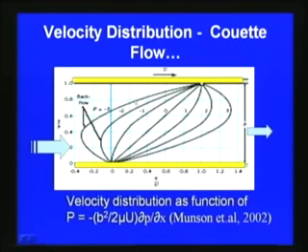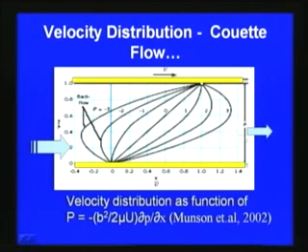When p is equal to 0, the profile is linear, when p is equal to 1 it goes like this, and when p is equal to 2 it goes in this direction. Like that, for various values of this parameter, we can plot the velocity distribution.